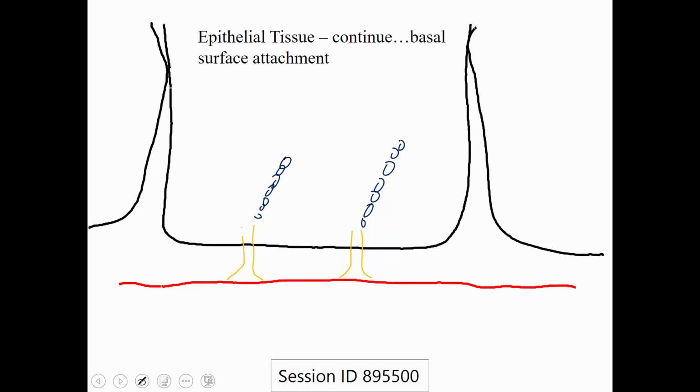We talked a little bit about the basal side, where you have this as being your basement membrane. Dr. Newman will talk more about that with extracellular matrix. The basement membrane has specialized extracellular matrix components. Basically, it contains the basal lamina, which is the material produced by the cell that sits on it.